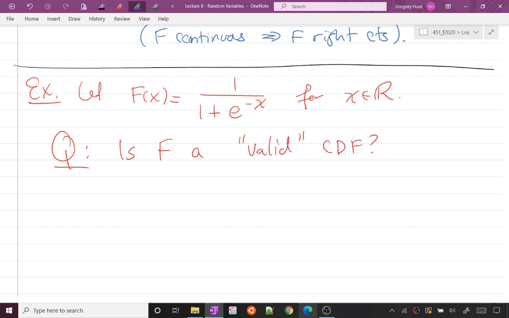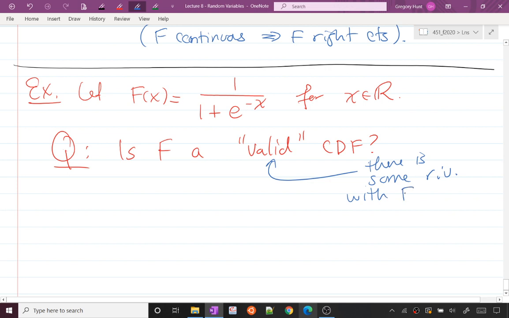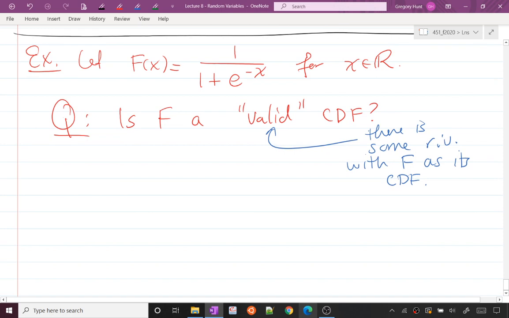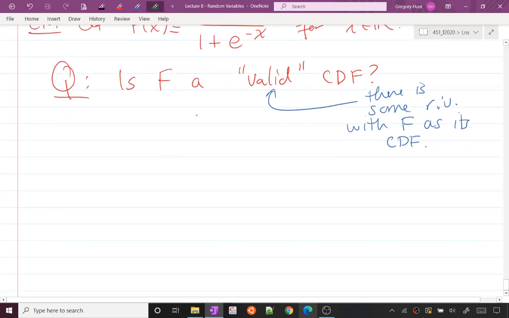And what people mean when they say a valid CDF is that there is some random variable, we may not know what it is, with f as its CDF. So I've given you a function, is this the CDF of some random variable? Well, we have a theorem we can apply. Let's check our 3 conditions.